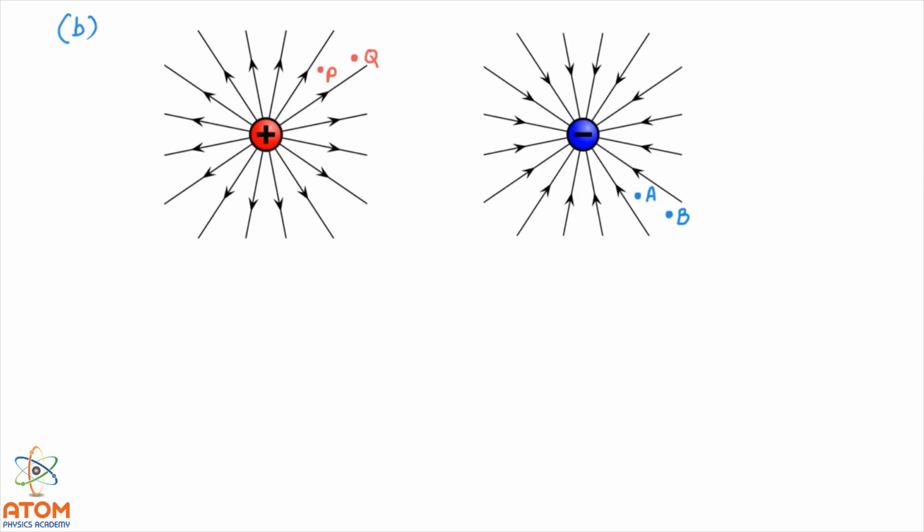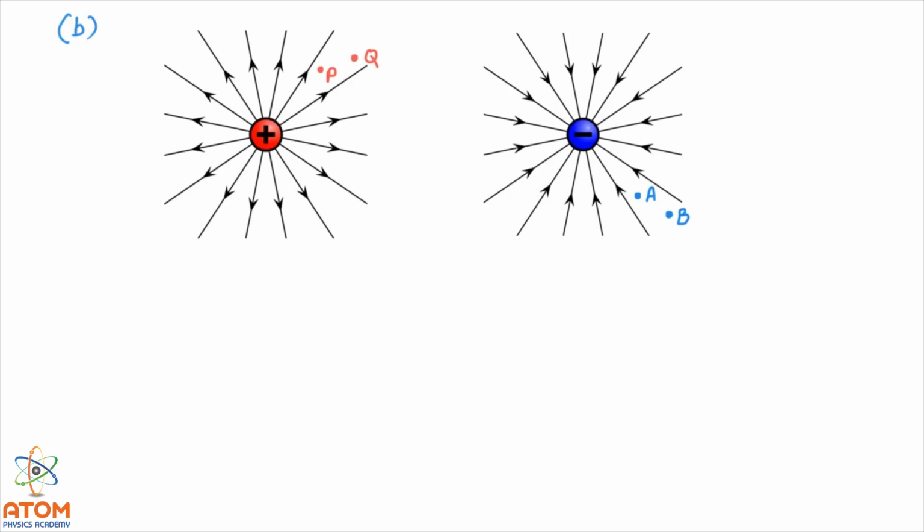We can solve this question with the help of the definition of potential energy. If we place a negative charge here at point P, then because it is negative, it will have an attraction towards the positive charge. And also if we place it here, it will have an attraction towards the positive charge. But at point P the attraction will be more, and at point Q the attraction will be less.